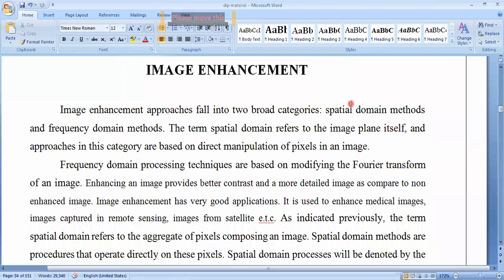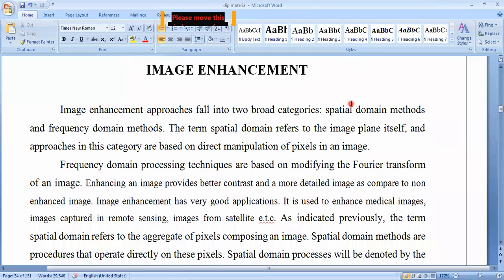Who can judge? The judgment is given by a human being only. From the human perception point of view, suppose for one person the processed image looks like a good quality image.